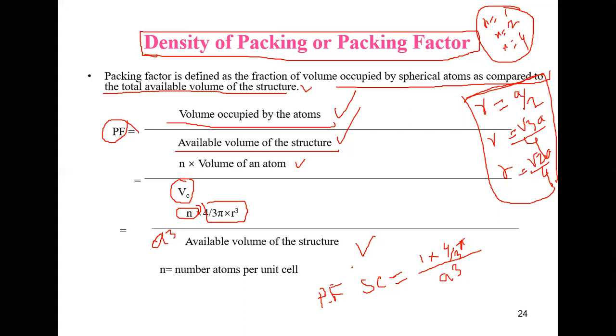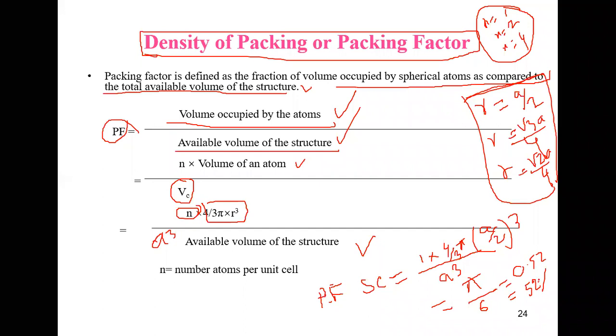For simple cubic, r will be a by 2, and then cube. If you simplify that, a cube cancels, and it will be basically pi by 6. If you substitute the value of pi, this will give you 0.52. If you express it in percentage, it will be 52%.